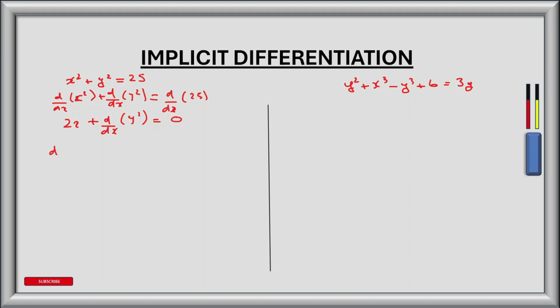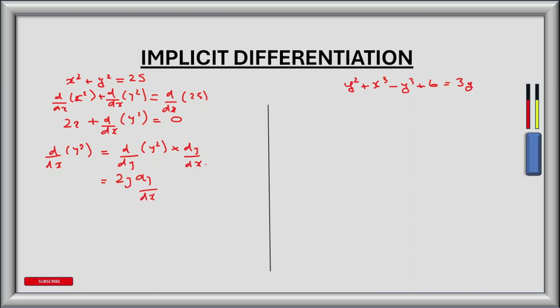So applying the chain rule to d dx of y squared gives us the derivative with respect to y of y squared multiplied by dy by dx. So the derivative of y squared with respect to y is just 2y. And then dy by dx, well, we don't know what the function of x is, so we leave it as dy by dx.